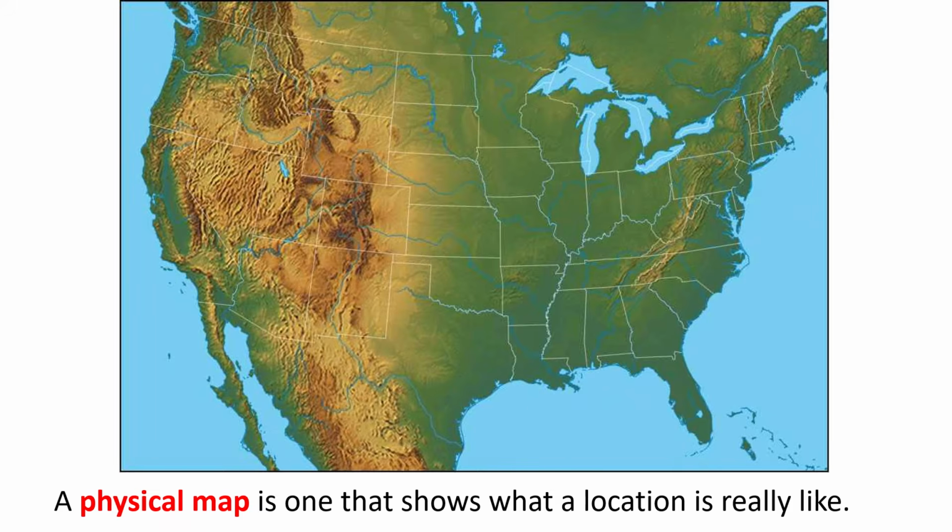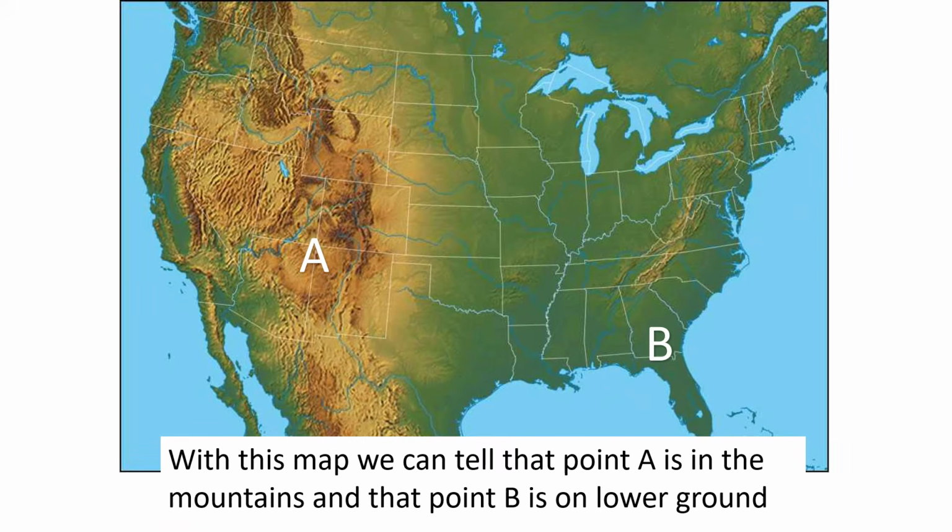A physical map is one that shows what a location on the earth is really like, especially if you were really physically there. And with something like this, we got a physical map that can show us that, hey, at point A, you're in the mountains, and at point B, you're on lower ground, flatter ground. And we can tell this by how this map was drawn.